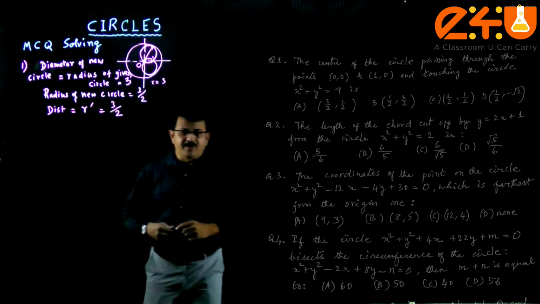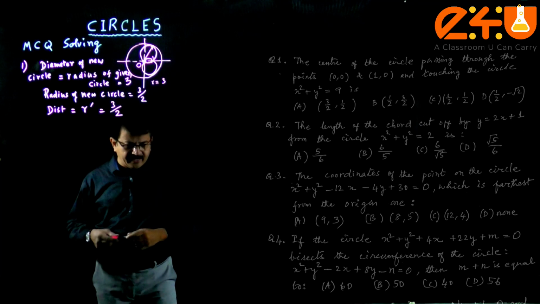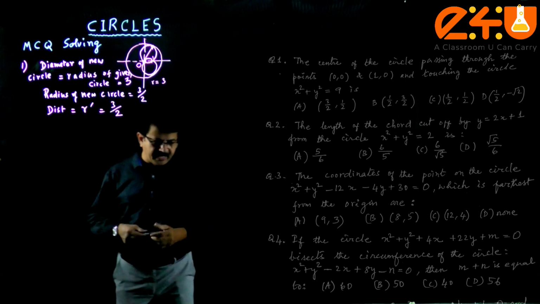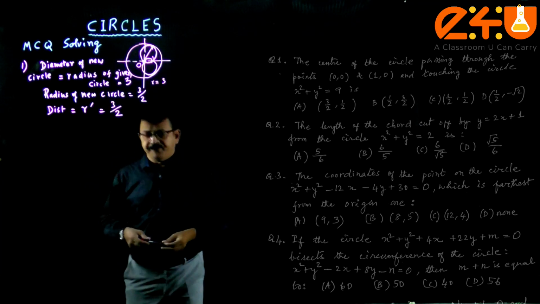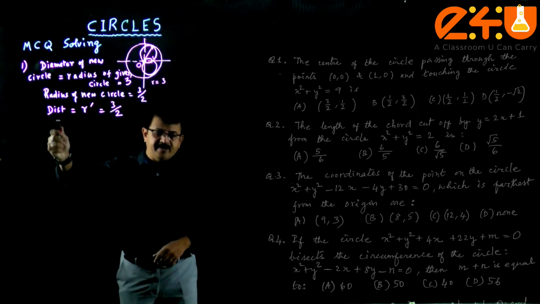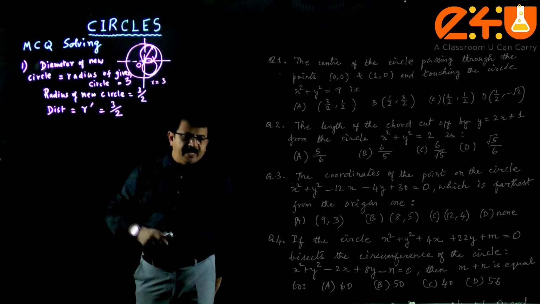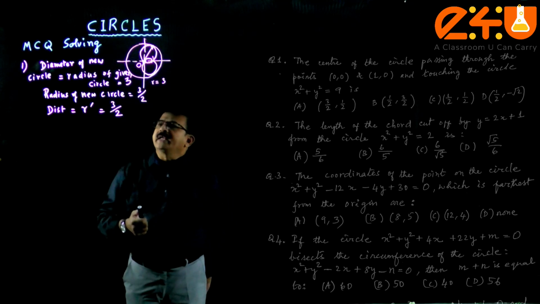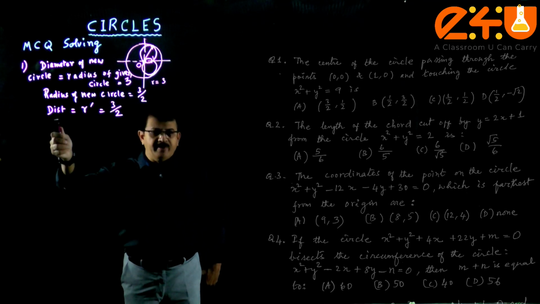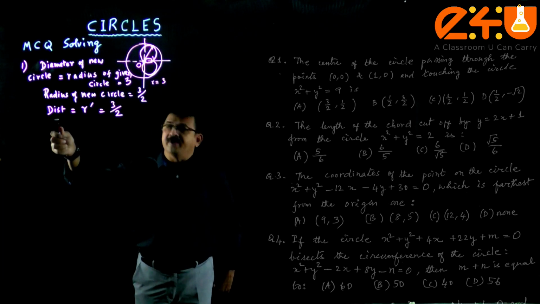As a matter of fact, you can see in option A, it is not possible because the x coordinate itself is 3/2, so the distance is definitely more than 3/2, so it cannot be a correct option. In option B also, the y coordinate is 3/2.